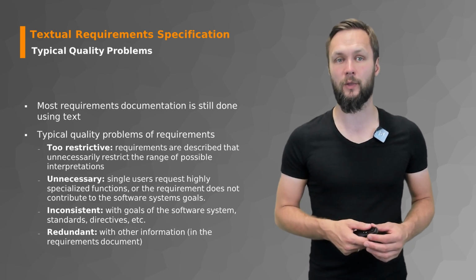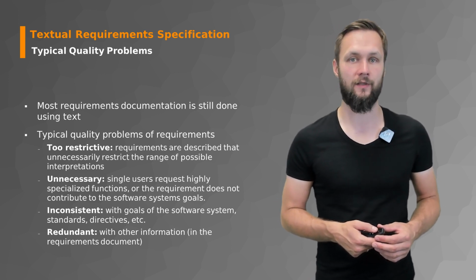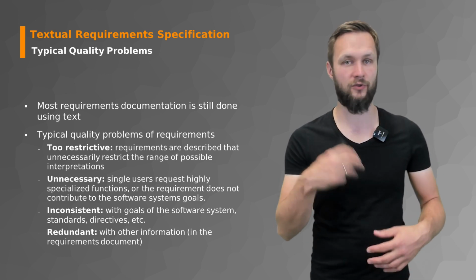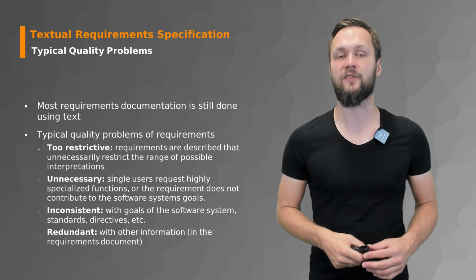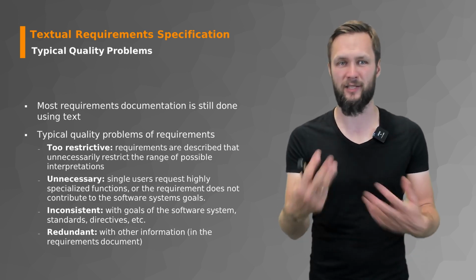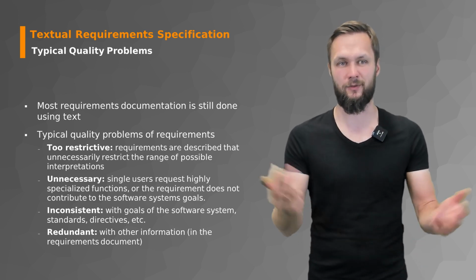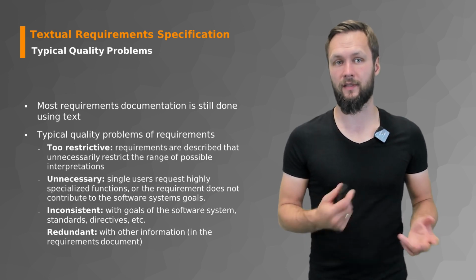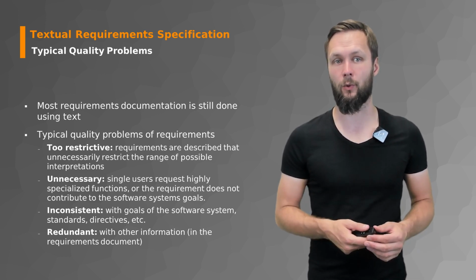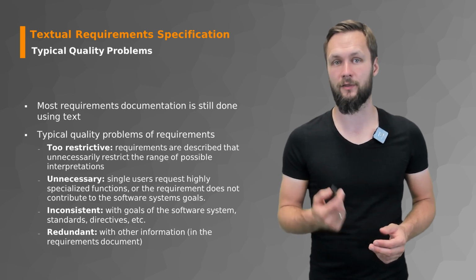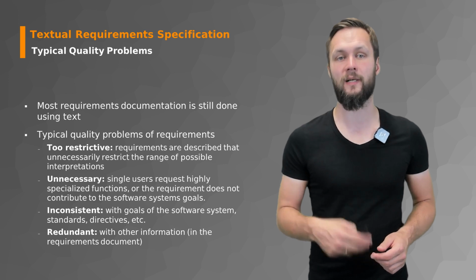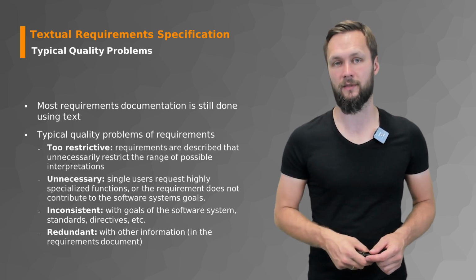Single users request highly specialized functions, or the requirement does not contribute to the software system goals because it's just something where one particular stakeholder thinks this is super important, but in general, if you zoom out, it's nonsense. Inconsistent: requirements are inconsistent with the goals of the software system, standards, or directives, or redundant with other information that is already provided in the requirements document.